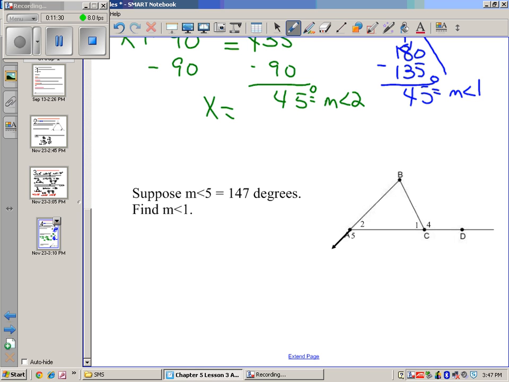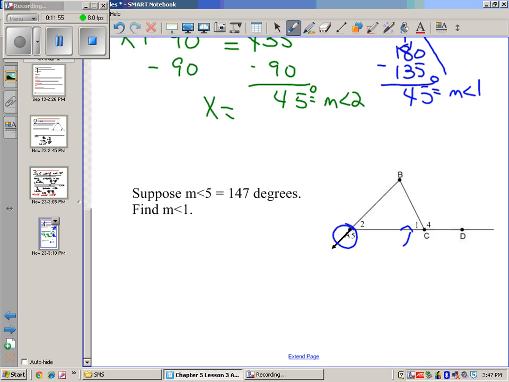On this video, suppose that measurement angle 5 is 147 degrees. Find the measurement of angle 1. So, we know what this is. We're trying to find that example.